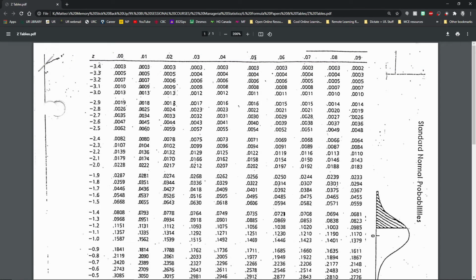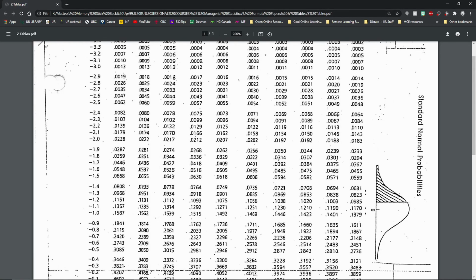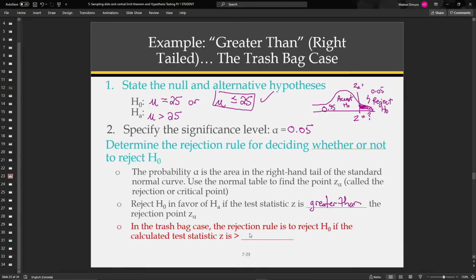So if you do the average, you're going to get 1.645. So that's this magic value here, Z equals 1.645. So in the trash bag case, the rejection rule is to reject H0 if the calculated test statistic Z is greater than 1.645.